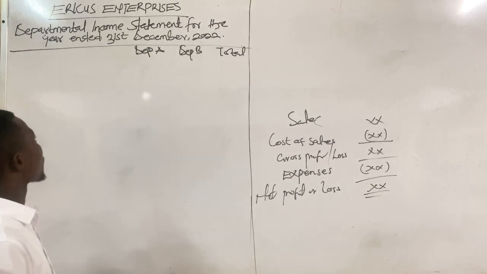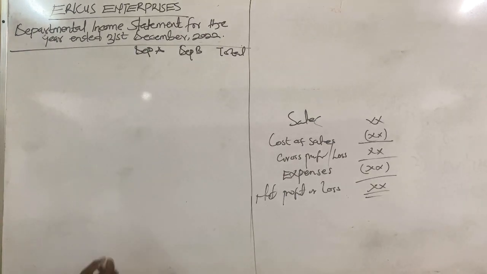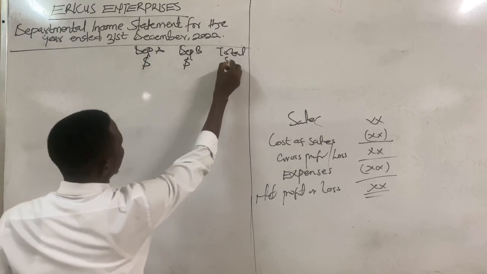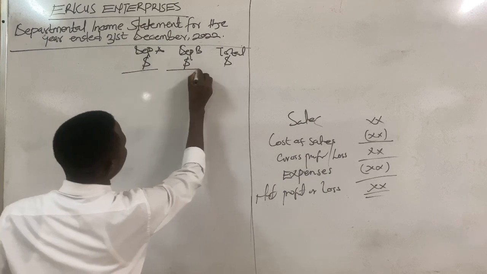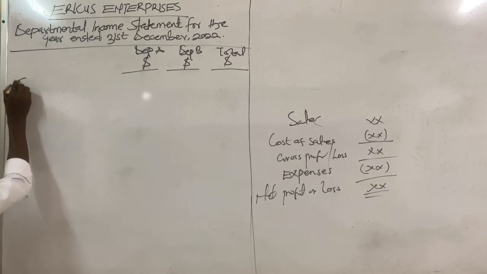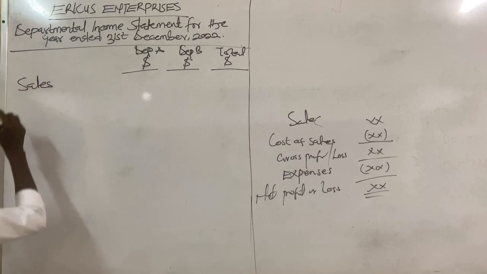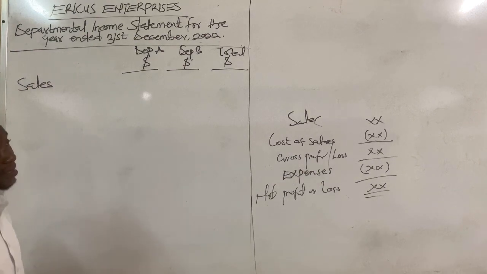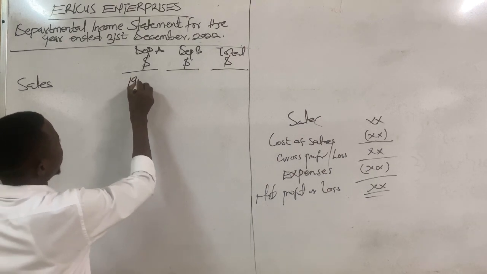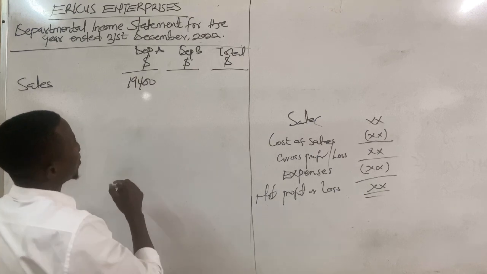So now we begin with our sales. So let me bring my currency sign in dollars. From the question, the sales for Department A is an amount of 19,400.